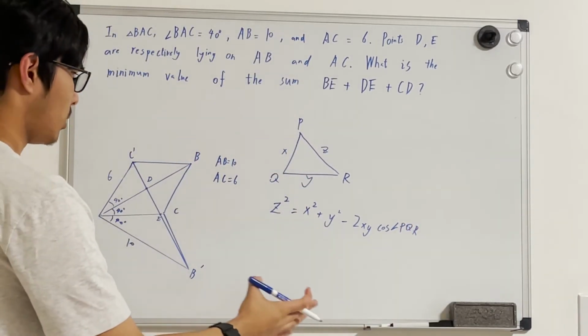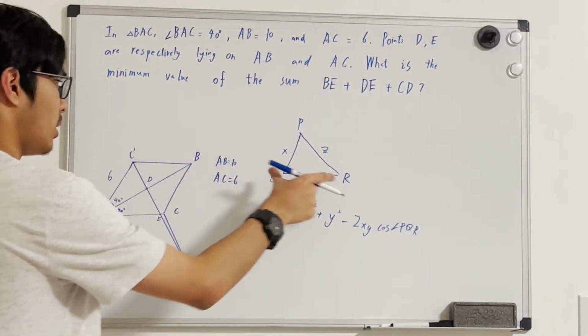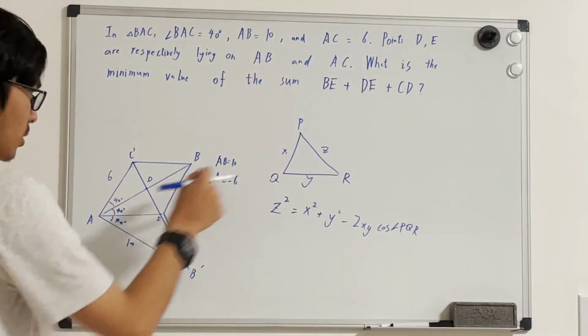That is cosine law, and we're going to apply this here because we know AC prime, AB prime, and the angle.